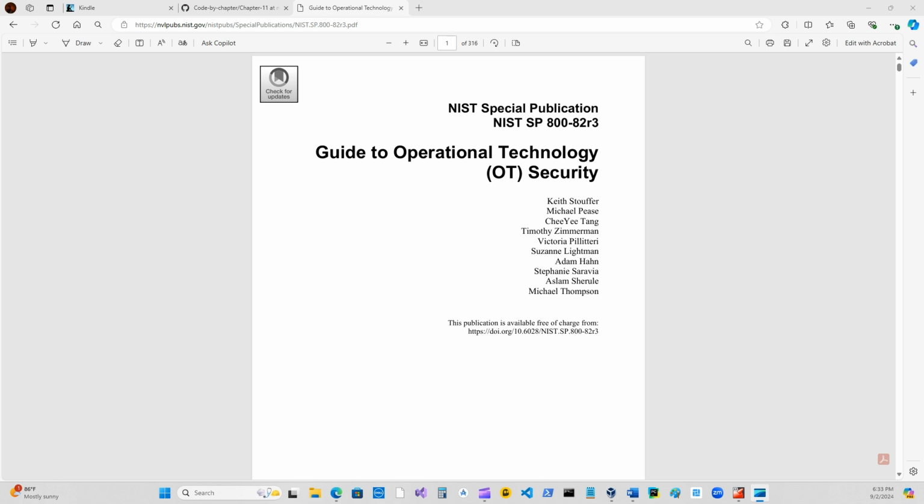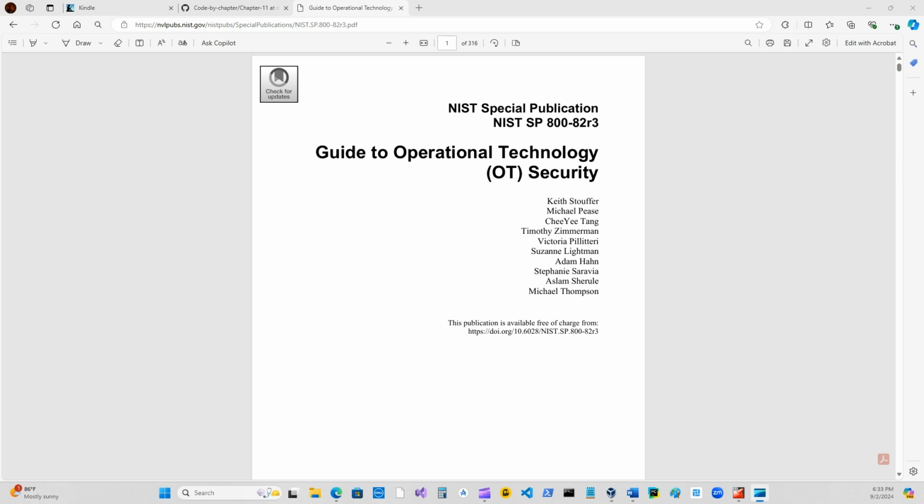So let's do this. If you're new to cybersecurity but you want to know what it's all about, this is part of it, right? So this would be setting up frameworks and policies and procedures, and give you an idea on how to protect the system, right?